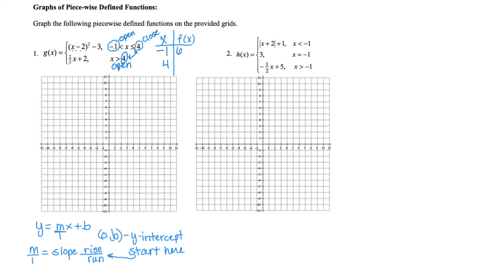So you have an open point at -1, 6. And then plug in 4. 4 minus 2 is 2. 2 squared is 4. 4 minus 3 is 1. So you have the closed point at 4, 1.